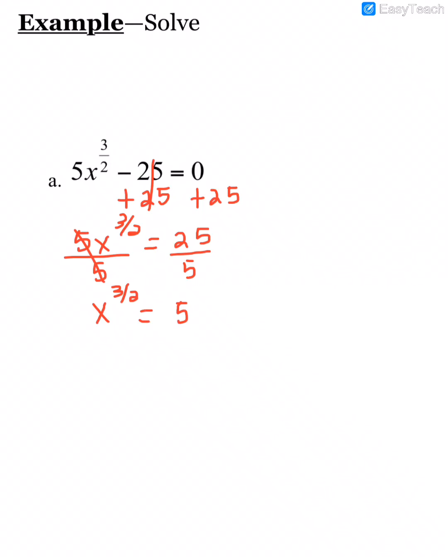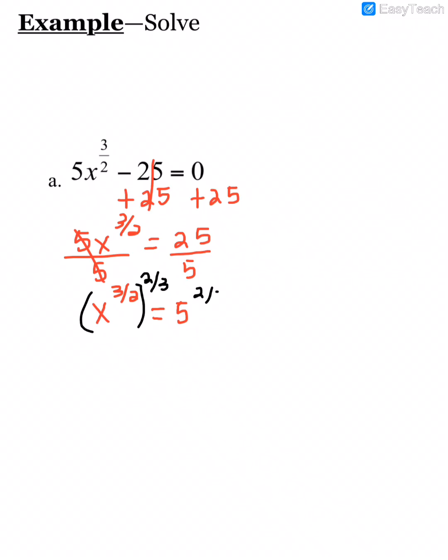All right, now that we have isolated the term with the rational exponent, we're going to undo it, and we undo it by raising it to its reciprocal power. So we're going to raise both sides. The power right now is 3/2, so we're going to flip it to be 2/3.